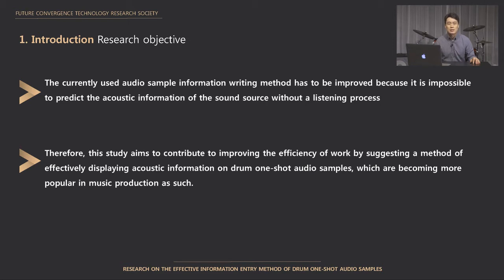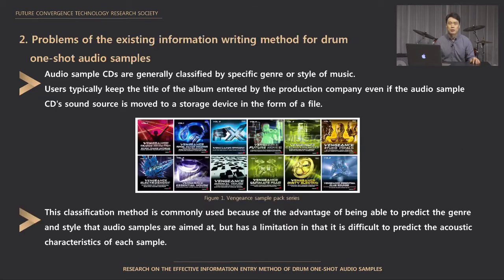Therefore, this study aims to contribute to improving the efficiency of work by suggesting a method of effectively displaying acoustic information on drum one-shot audio samples, which are becoming more popular in music production.